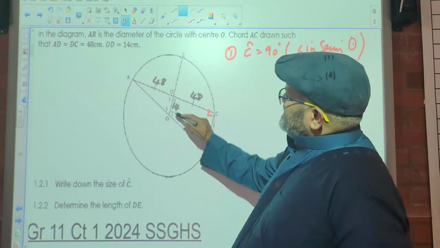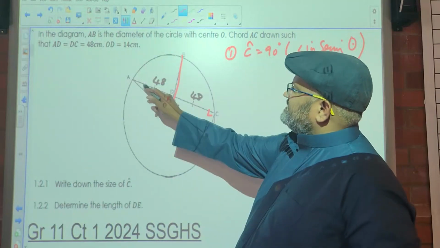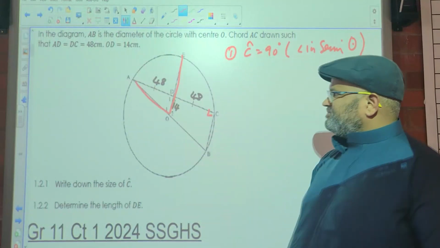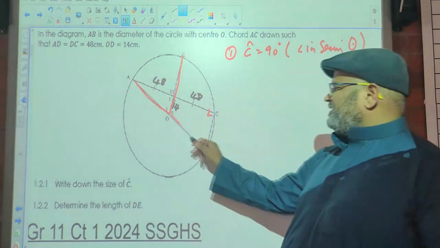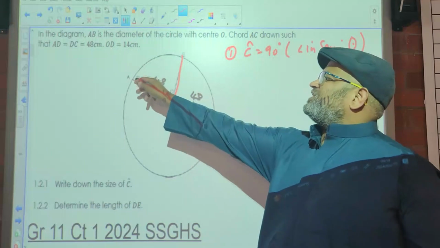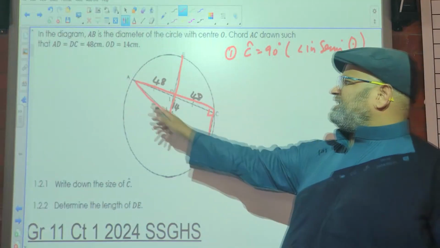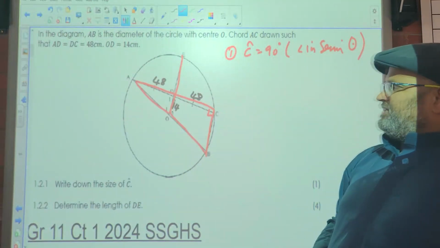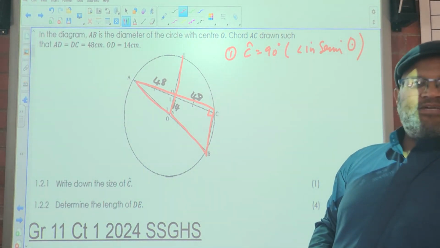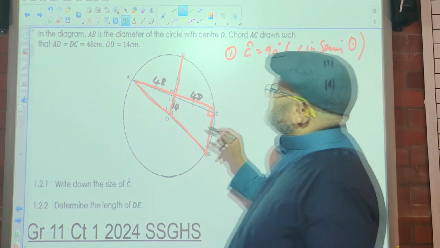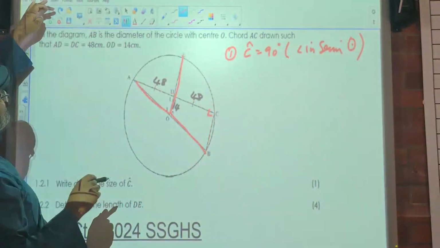So we know that OE is the same as the length of OA, which is also the same as OB. From the information I have, I can calculate the length of AB by using Pythagoras. Can you all see that, people? So let's apply the theorem of Pythagoras here.